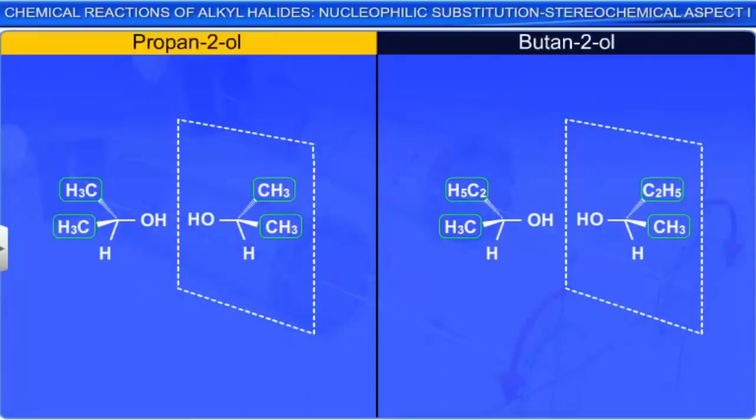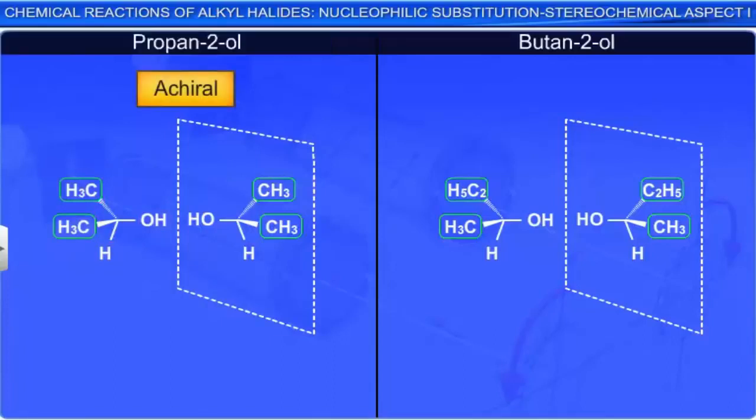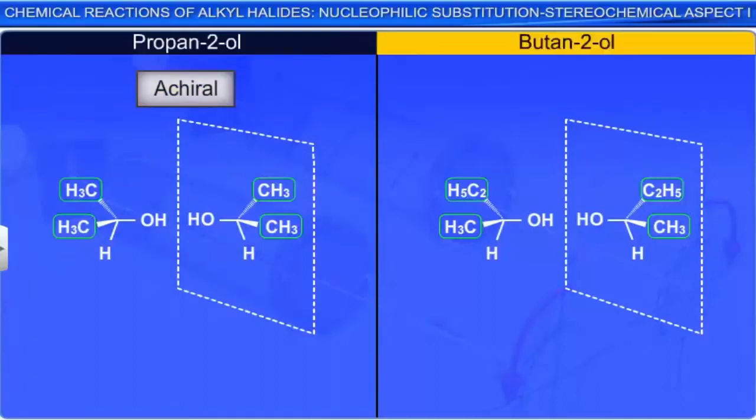Propan-2-ol does not contain an asymmetric center, since the four groups attached to the tetrahedral carbon are not all different. Thus, it is achiral. However, butan-2-ol contains four different groups attached to the tetrahedral carbon.